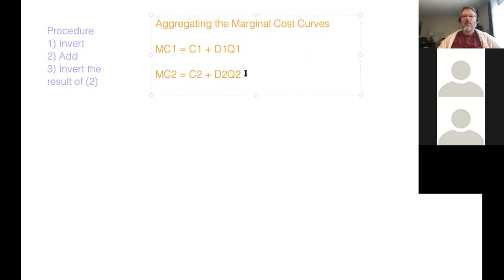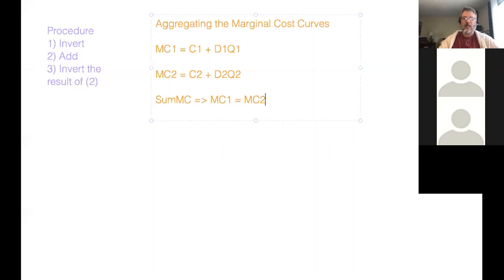Then remember, the other thing we have to do is observe that you're going to have a resulting marginal cost curve. We could call it the sum of the marginal costs, but specifically we're talking about the horizontal sum, so things are going to be a little bit different. When that happens, there's an implication, and we talked about this last time, that the marginal costs of the two firms are going to be equal to one another.